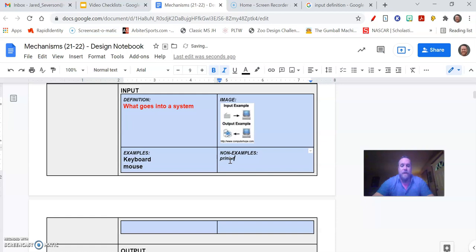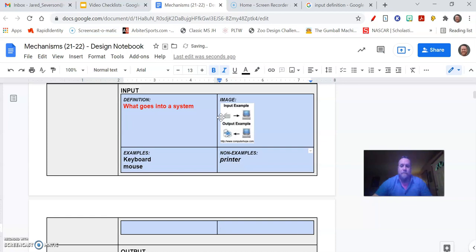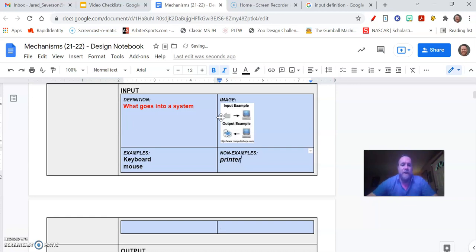A printer would be an example of the output, what comes out of the system. So there we go: non-examples, examples, definition, and image, and hopefully by going through this I better understand what that term means.